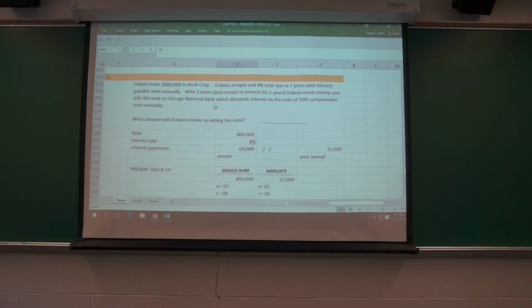Again, this is compounded semi-annually as well. So what amount will you receive? He takes the $800,000 times 8%. The interest payments are $64,000 a year, but divided by 2 gives you $32,000 semi-annual interest payments needed.